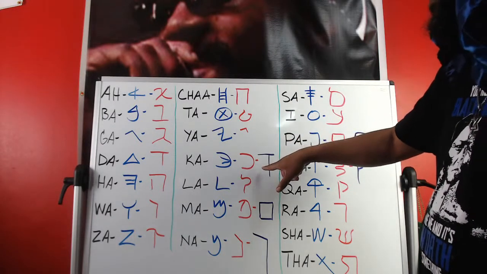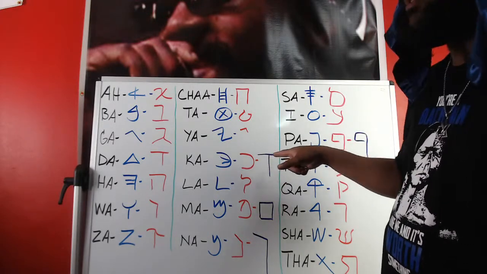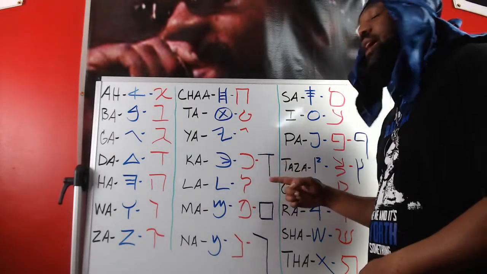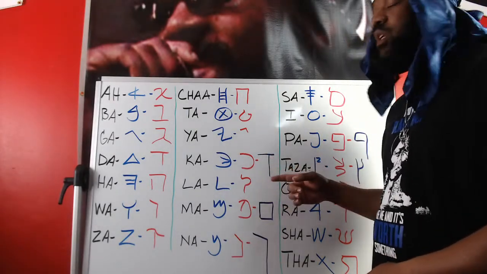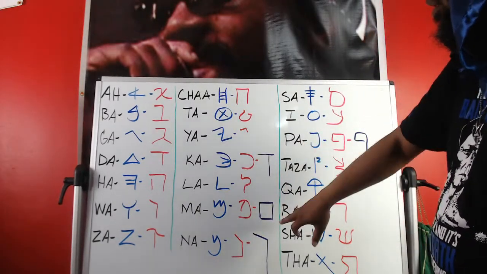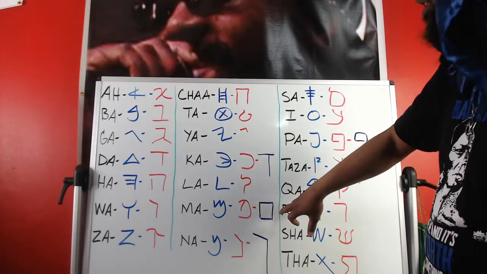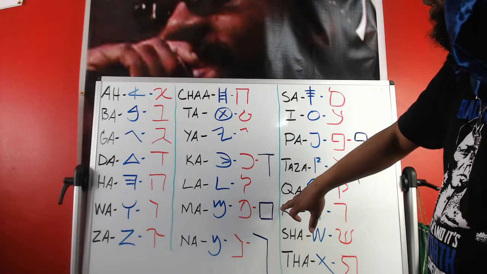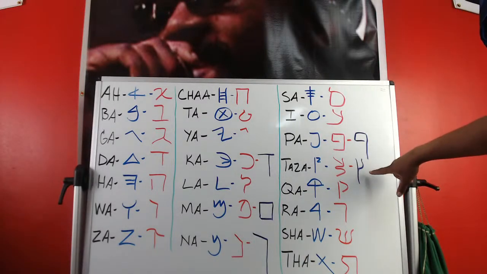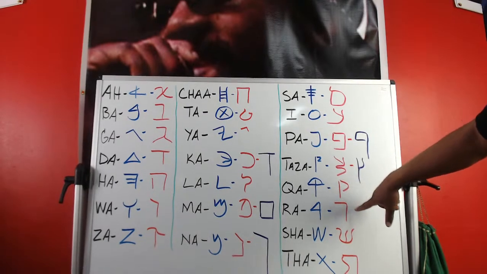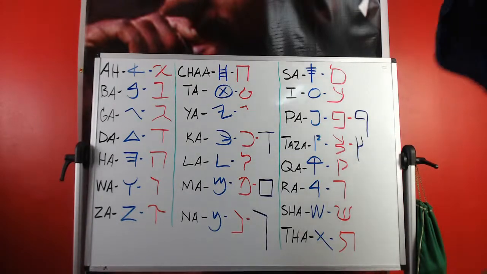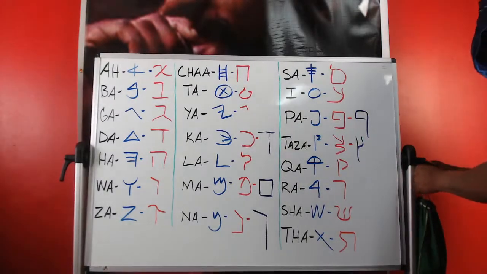And remember, when we see this letter at the end of a word, these are one of the 5 letters or the 5 syllables in the Assyrian Hebrew that do change when it comes to the text. Ka, La, Ma, another letter that will change. Na, Sa, I, Pa, Taza, Kwa, Ra, Sha, Fa.